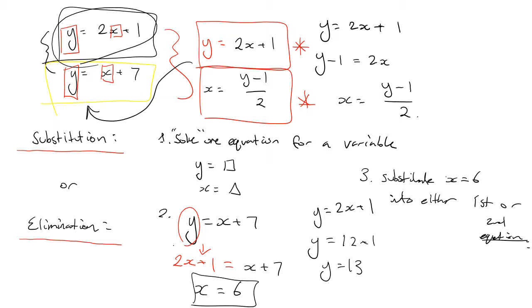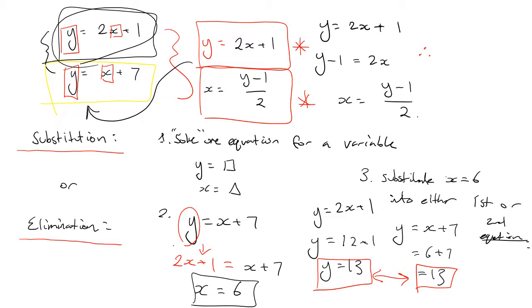Okay, easy. If you want to substitute it into the second equation, you can do that too. So y equals x plus 7. X is 6, so we get 6 plus 7, that's 13. We end up with the same answer as before. So now our final step is to write a therefore statement.